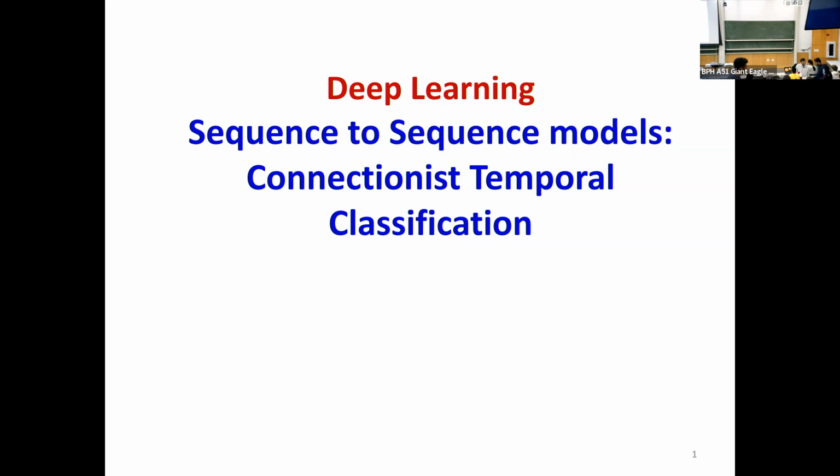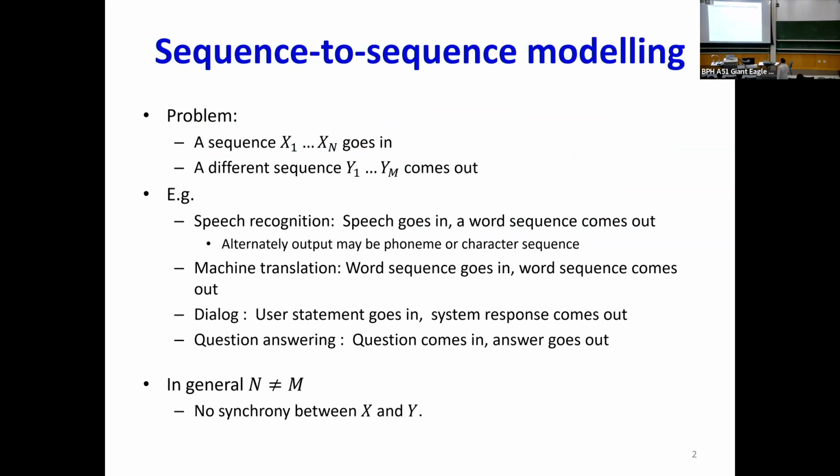But what was the problem itself? What kind of alignment problem were we looking at? Asynchronous outputs. This was a problem of sequence-to-sequence modeling: a sequence x1 through xn goes in, a different sequence y1 through ym comes out.